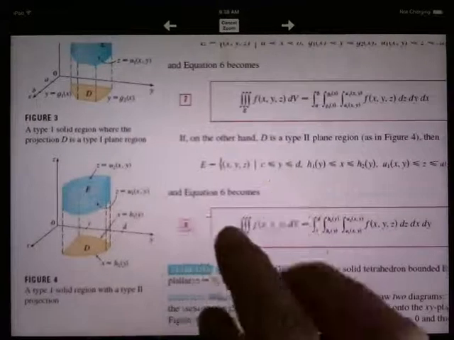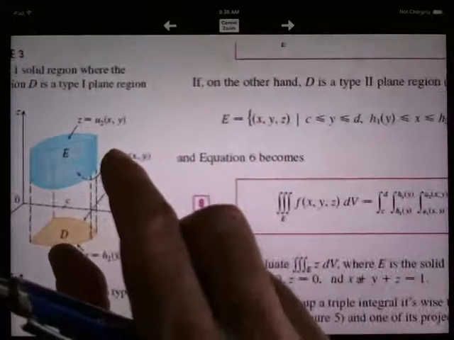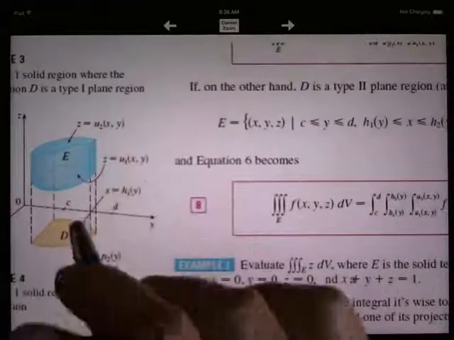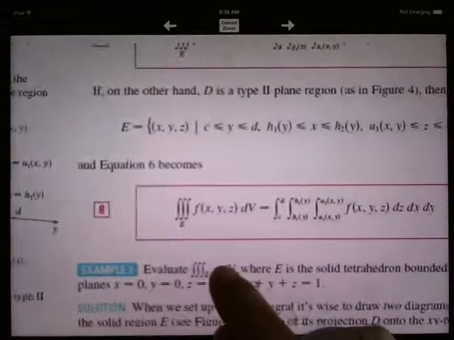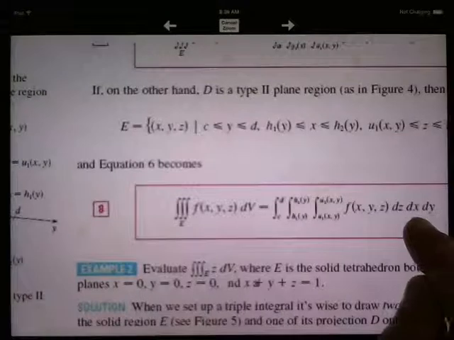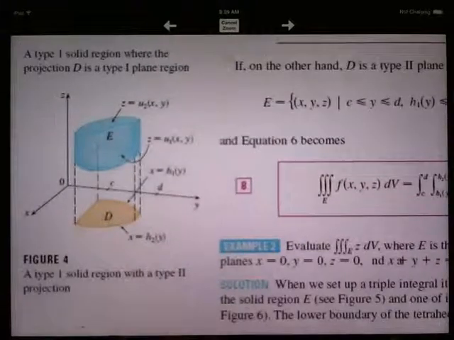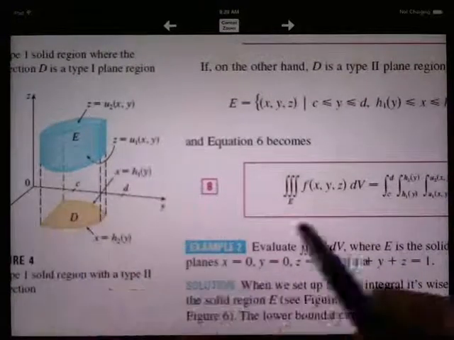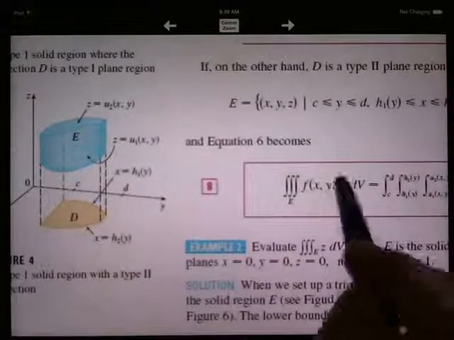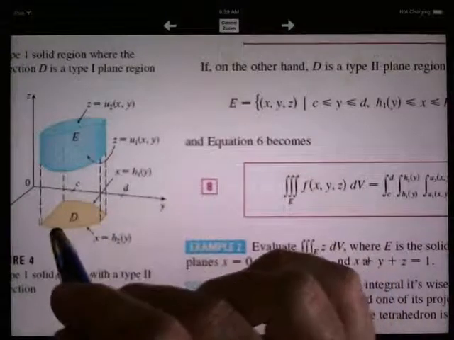On the other hand, when you're looking at something like this, the y is on the outside. So this is a dy on the outside. The z is still in the middle, right? So for each value of y between c and d, for each value of y, x runs from some minimum x to some maximum x.